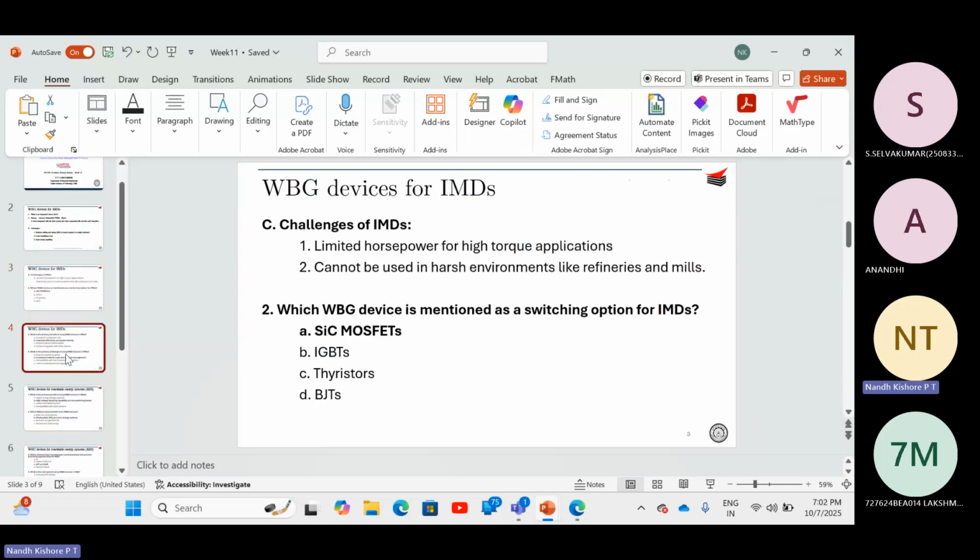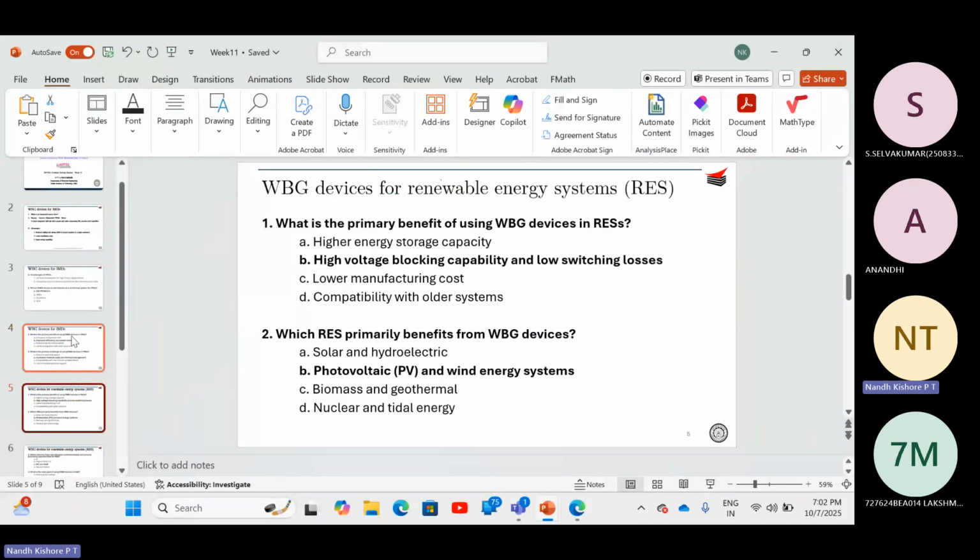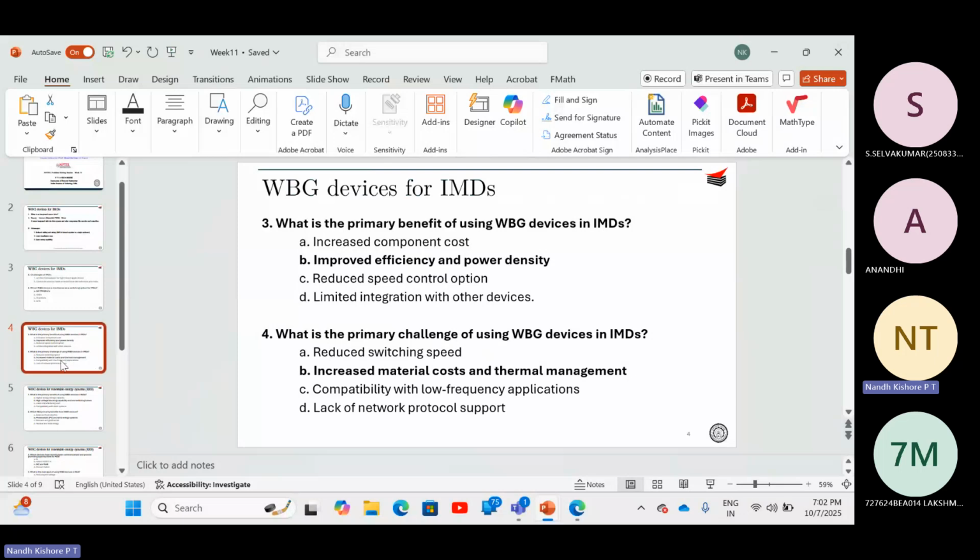I think I missed two problems in IMDs, so just cover it up.